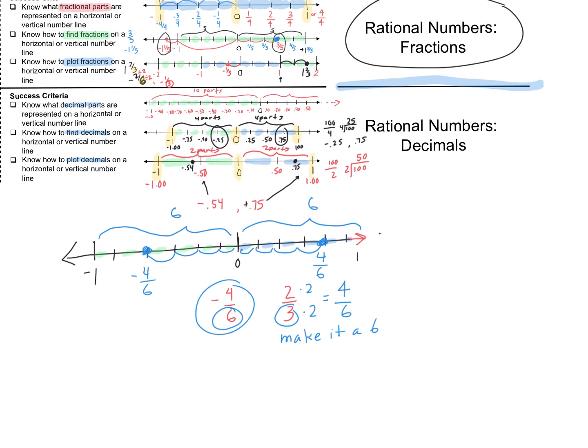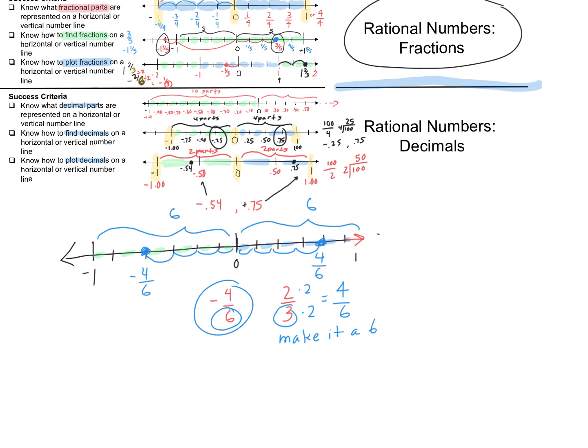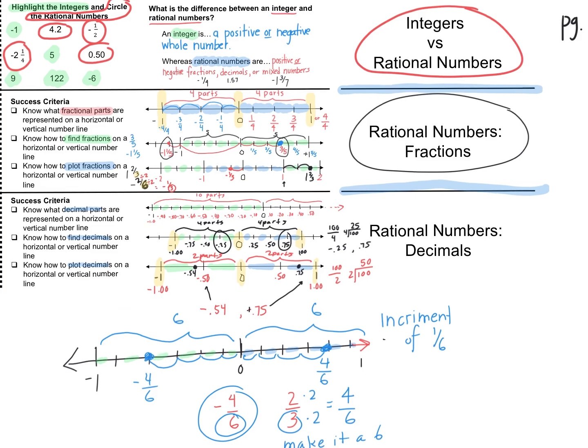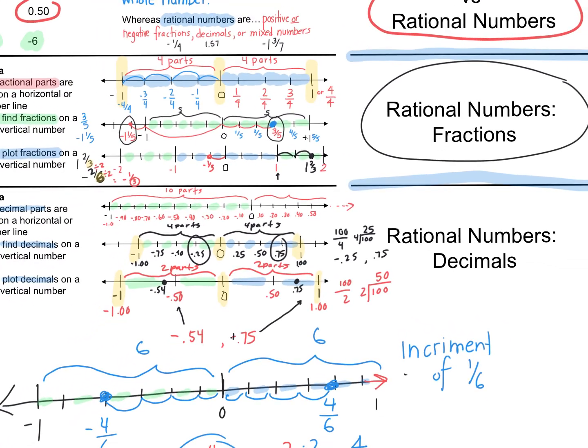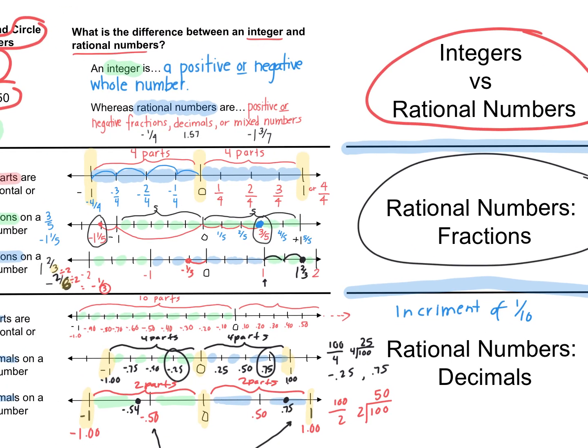Okay? When we're drawing these, this would be a graph with an increment of 1/6. Write that down because you're going to need that later for your formative quick check. I'm going to ask you to draw a graph of the increment of 1/5 for your formative quick check, okay? This graph, I want you to write it somewhere, is an increment of 1/10 because there's 10 parts. It just tells you how many parts. This graph is an increment, or part, that's what increment means, of 1 out of 4, because there's 4 parts on each side.